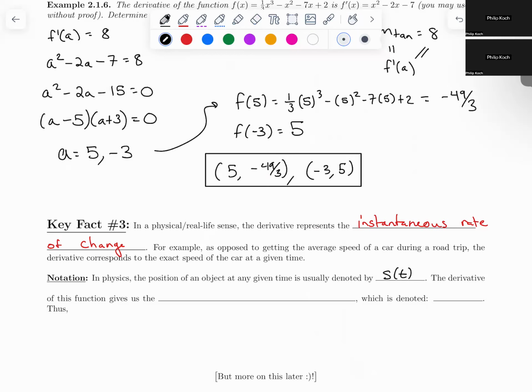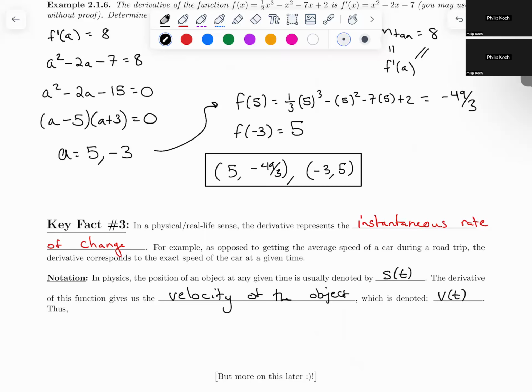So the derivative of the position function is going to be the velocity of the object, which is denoted v of t. That's why it bugs me that they named the position function s of t. Why didn't they denote it p of t?